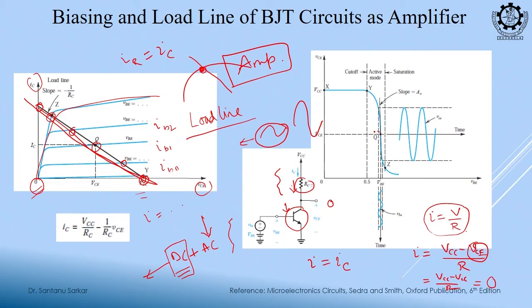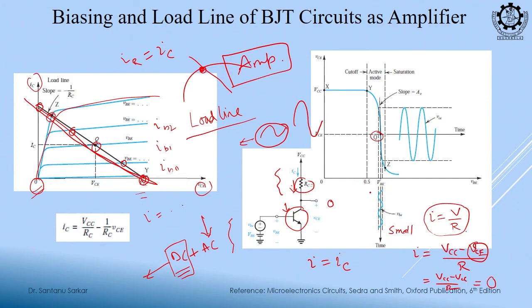So, if this is your Q point and in this region you see, this is the linear region, or you are still in the active region, here you can act as an amplifier. But you have to remember, to act as an amplifier your input signal should be small. Why should it be small? You see this signal, it is so small.